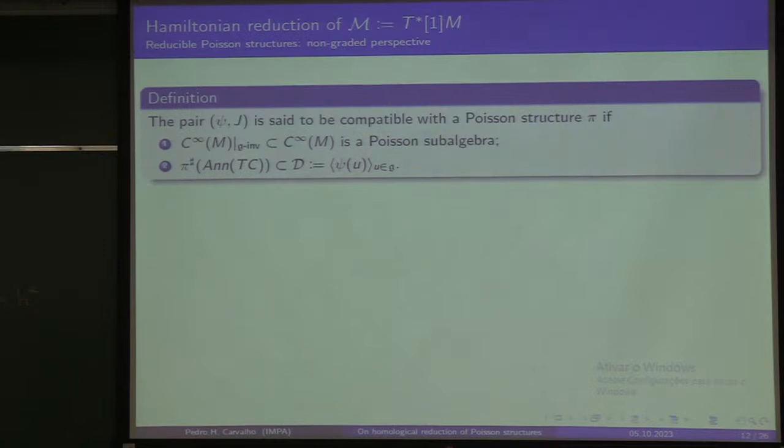So if you're in the usual Hamiltonian case, this is actually an equality. So here you see that the quotient is smaller than what you would quotient in the usual Hamiltonian case. So you are quotienting out by something contained in the image of the action.